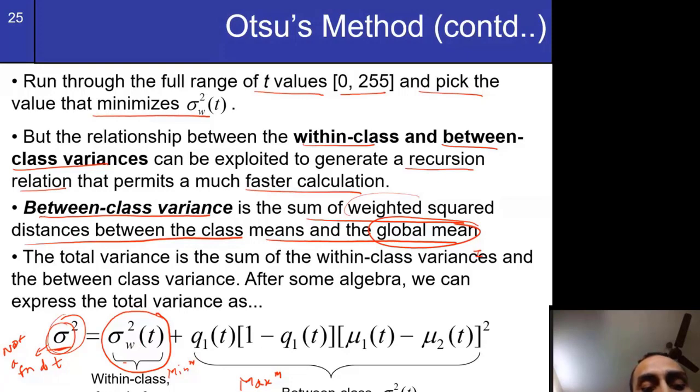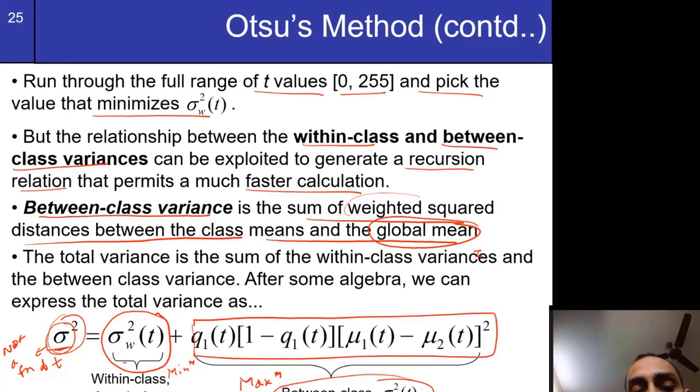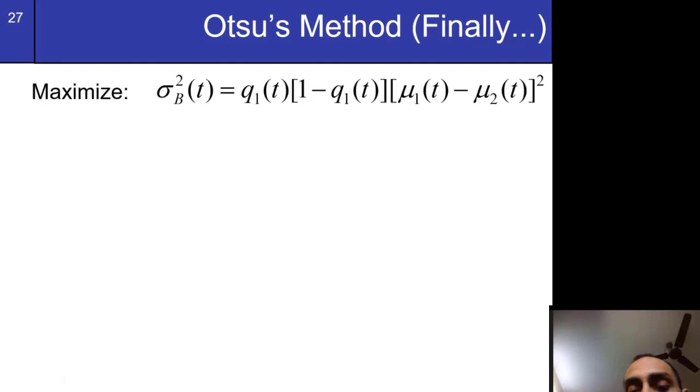Because the total is a constant quantity. So you can maximize this between class variance, and after some linear algebra and simplification it can be written as this expression. You can see how this expression comes from the book; I've just used the final result.